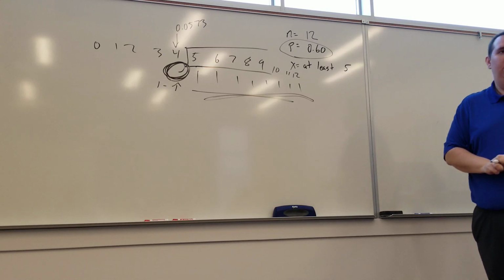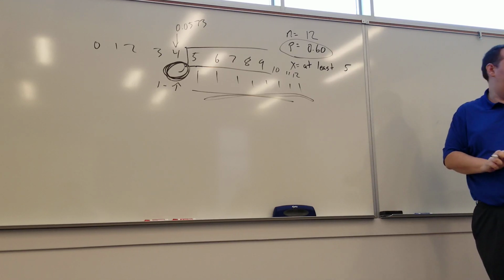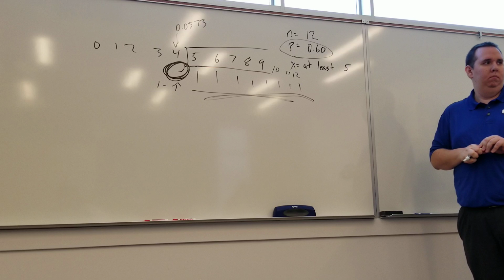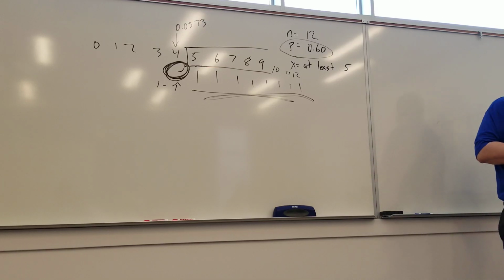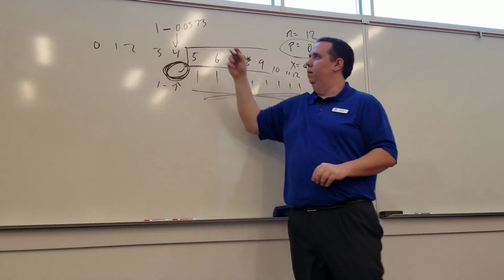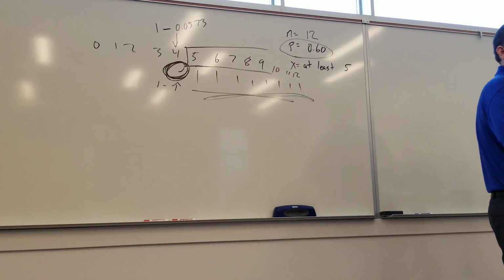So what would the answer be to what's the probability that at least 5 of the 12 flights arrive on time? 0.9427, right? All we're doing is 1 minus this 0.0573.